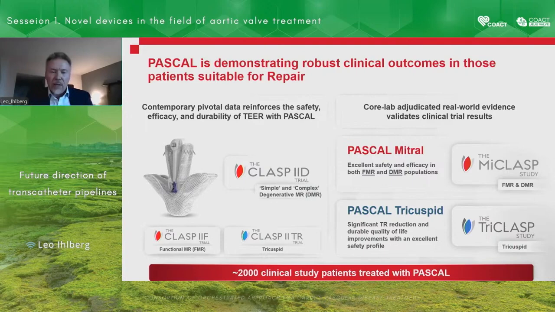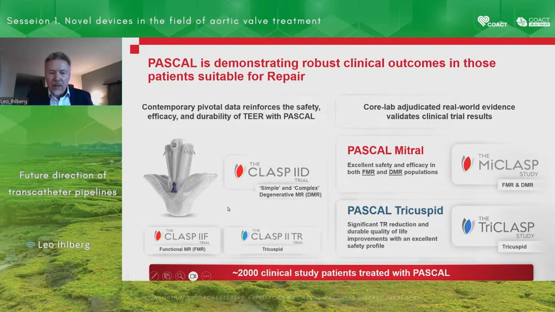The results of the full cohort at 1 year were presented last year at TCT with simultaneous publications. It has already gained approval for primary valve indication in the US, and it has already been approved for both functional and degenerative in Europe.